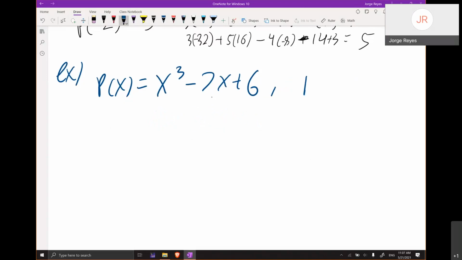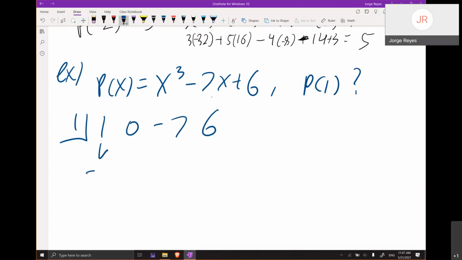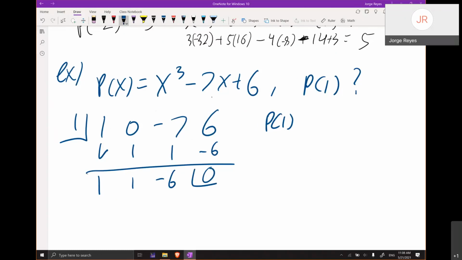But I'm just going to randomly ask you the question, what's P of 1? So you would synthetically divide by 1. Let me put the 0 in the right spot. So let's do some synthetic division: 1, 1, 1, 1, -6, -6, 0. Wait, so that means P of 1 is 0.